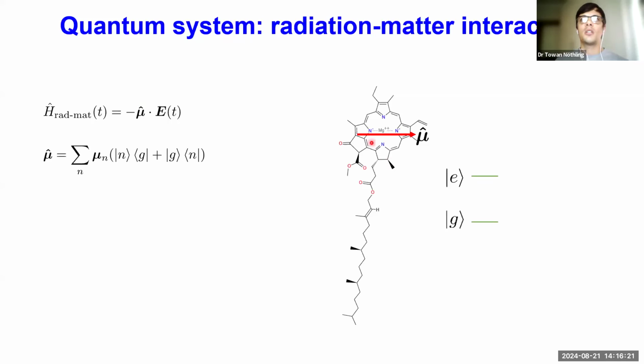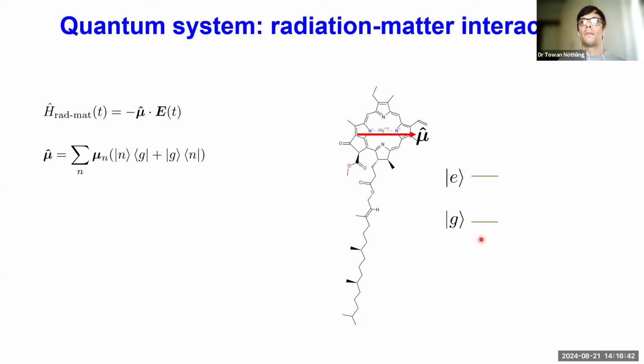Okay, so let's consider a single chlorophyll molecule. Chlorophylls are always electrically neutral, but we can induce a transient dipole moment, as Prof Krüger discussed in the previous lectures, with light.